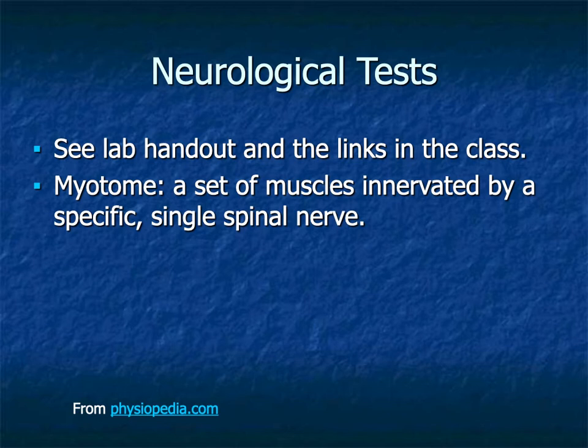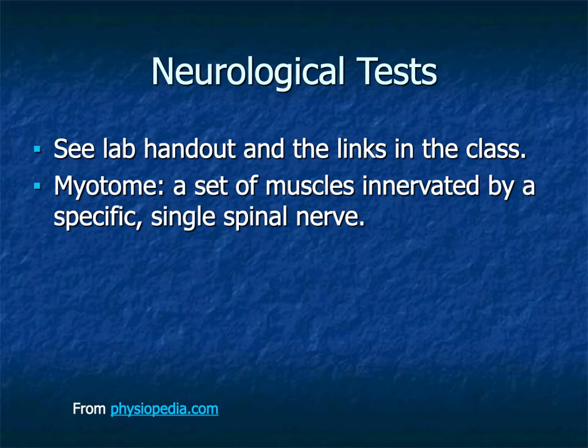So a myotome, and all this information is from physiopedia.com, is a set of muscles that are innervated by a specific single spinal nerve. And so we know which muscles are getting signals from the spine by doing these different tests.